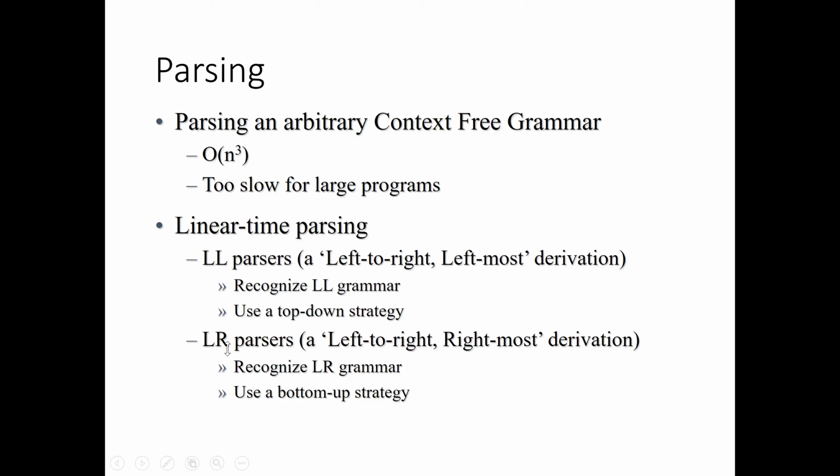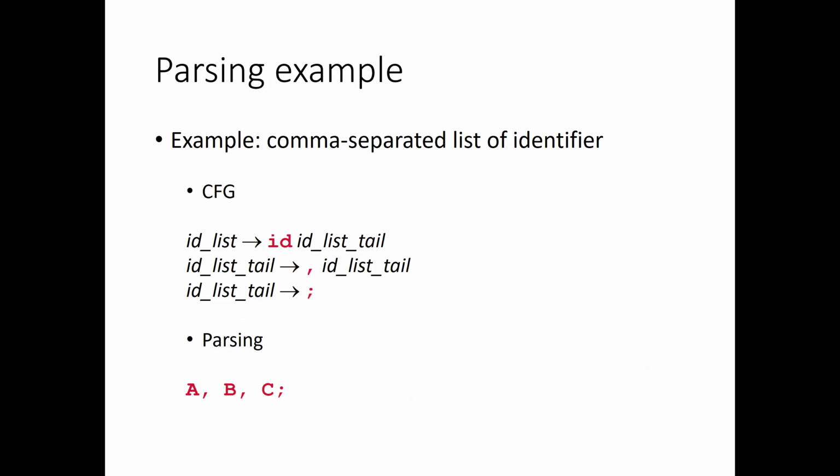In rightmost derivation, we recognize LR grammar, and we use a bottom-up strategy. The two linear time parsers are LL and LR. LL is left to right, leftmost derivation; LR is left to right, rightmost derivation. LL is a top-down strategy; LR is a bottom-up strategy.